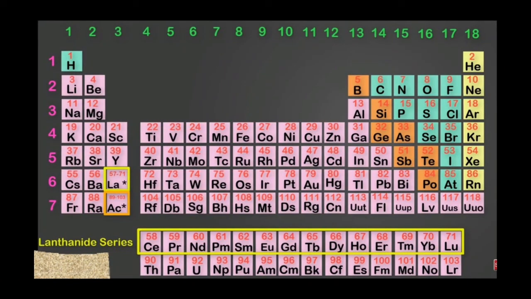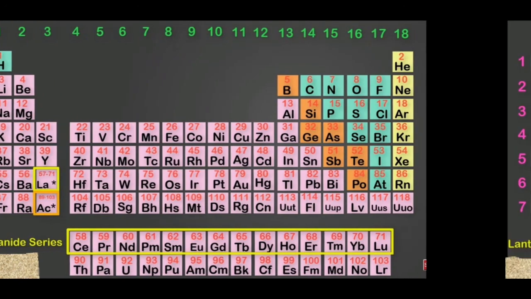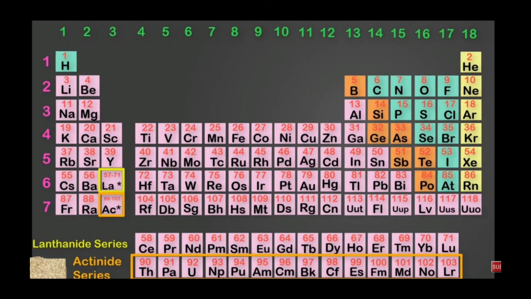The elements 57 to 71 are called lanthanide series because they start with the element lanthanum. Elements from 89 to 103 are called actinide series because they start with the element actinium.